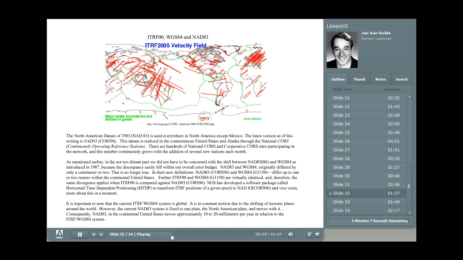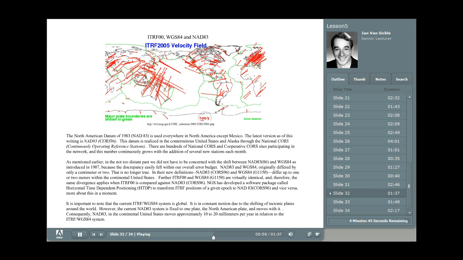But now, as you know, there is a shift between the two because WGS 84 has been upgraded. It is now virtually identical with the International Terrestrial Reference Frame 2000, and so therefore there's divergence between NAD 83 and WGS 84.